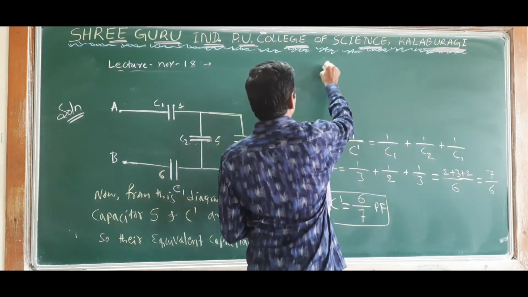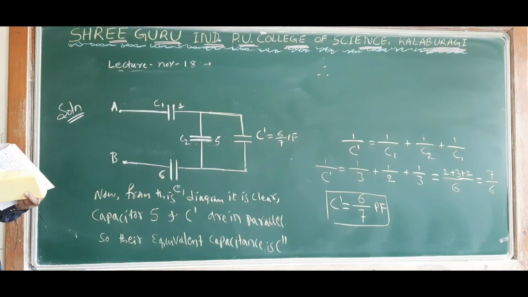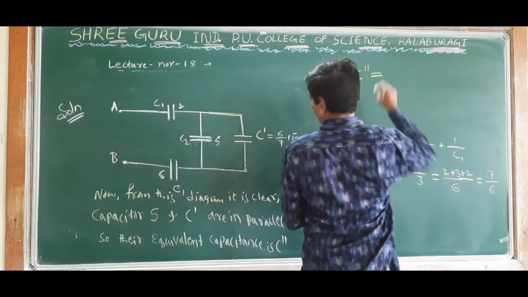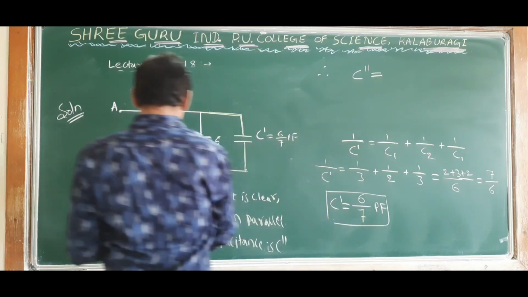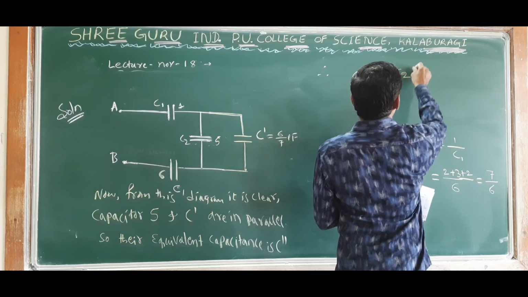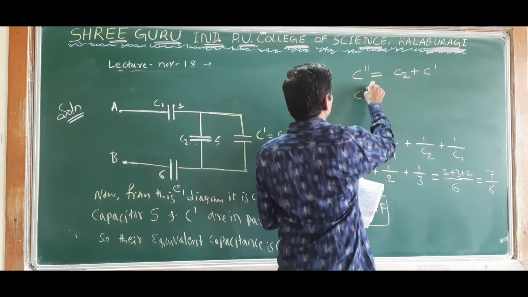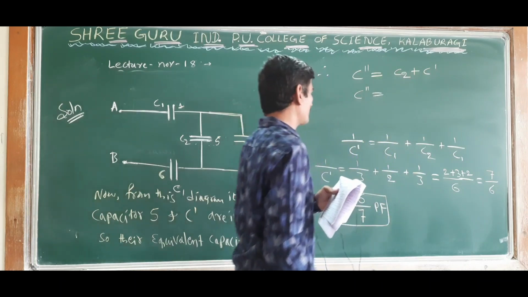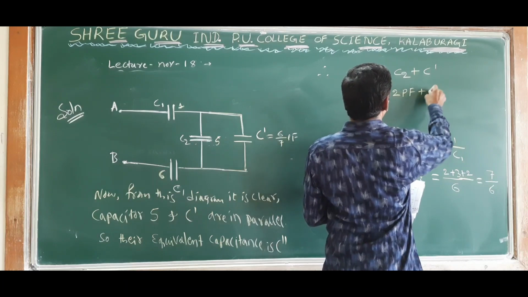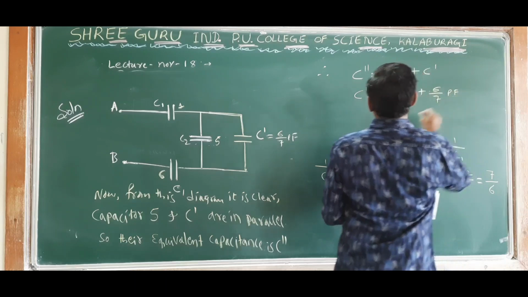So therefore, in a parallel combination, how will the formula come? Cp is equal to C1 plus C2. So C double dash is equal to the fifth capacitor, which is nothing but C2, plus C dash. C2 means 2 picofarad, plus C dash is 6 by 7 picofarad.